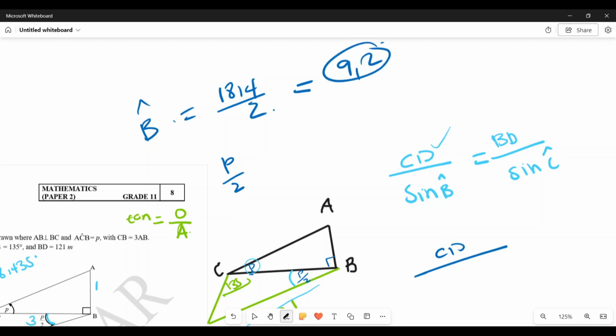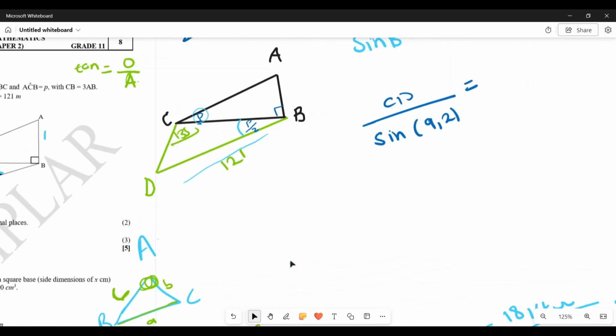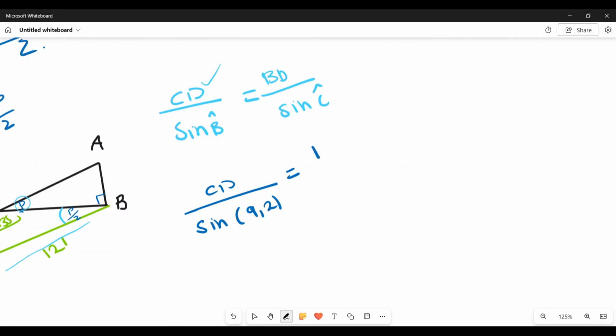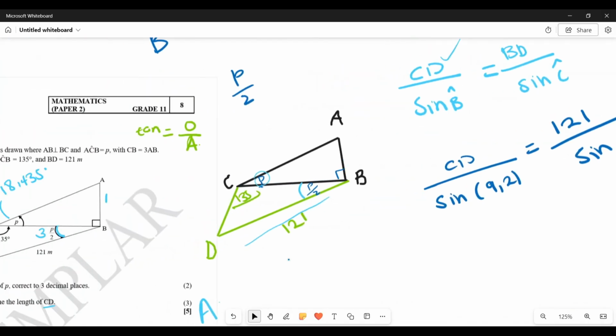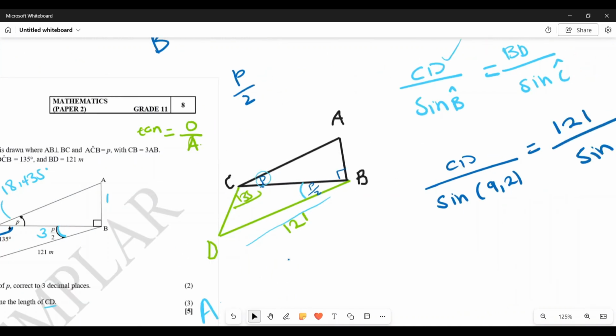All right. So sine of 9,2 is equals to the length from B to D, it's 121, all over sine of my angle C, which I was given as 135.